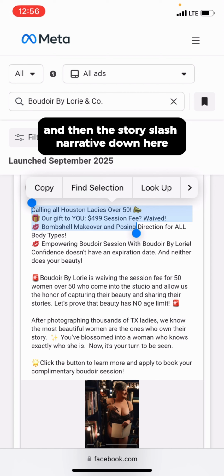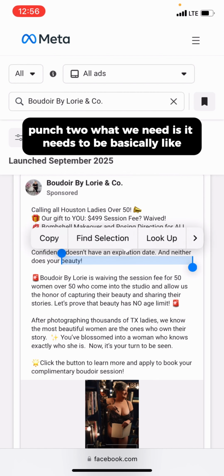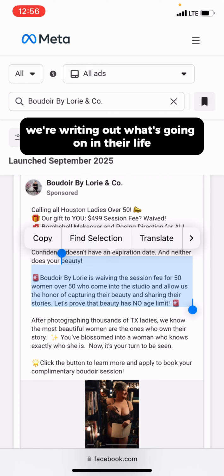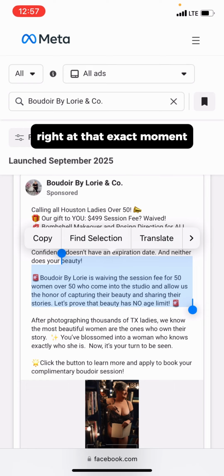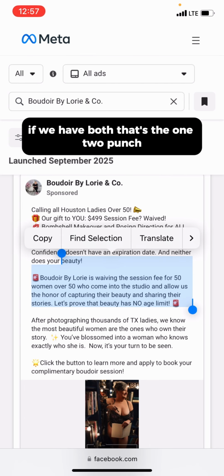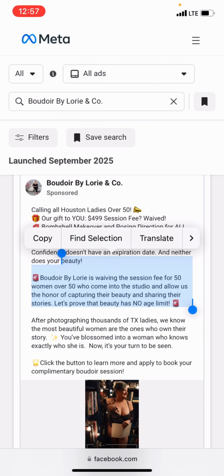And then the story or narrative down here, punch 2, needs to be basically like we're illustrating the movie scene of their life. We're writing out what's going on in their life at that exact moment, what they're dealing with, what they're thinking, what they're feeling. And if we have both, that's the 1-2 punch.